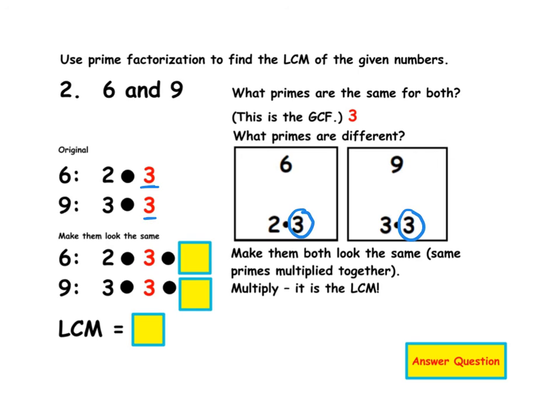Now look and think, what's different? The 6 has an extra 2 right here. And so I need to share that extra 2 with the 9. The 9 has an extra 3. And so I need to share that extra 3 with the 6.